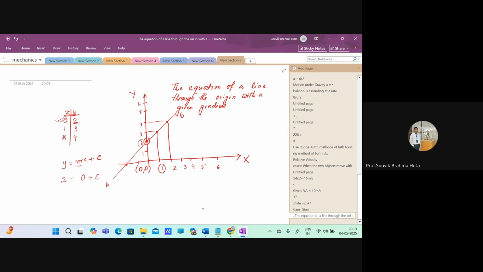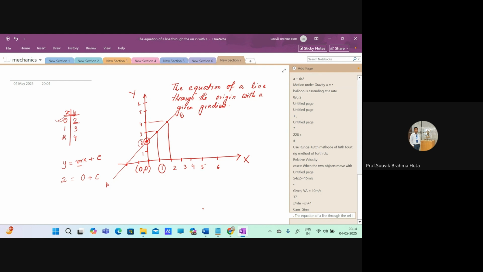And m is what? The gradient. Gradient means rise by run. Okay, but the gradient over here becomes 0 as this line passes through 0, correct? So therefore you cannot get it properly.